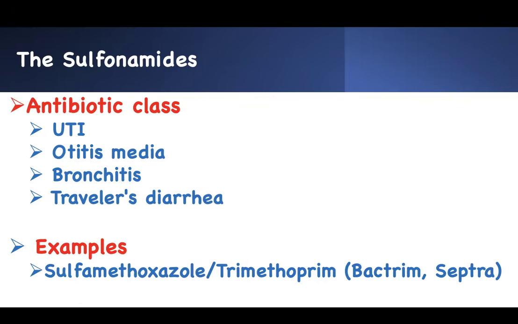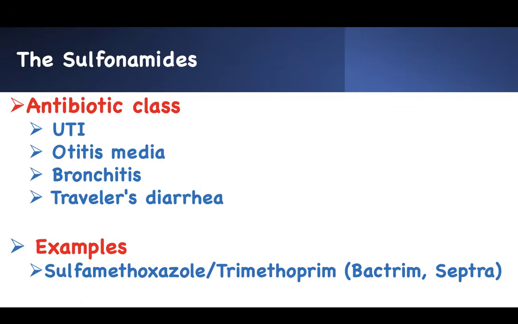Everybody knows. But there's a bunch of medications that are also sulfur drugs, but they are not sulfonamides, right? Sulfonamides are usually used specifically as antibiotics, but they are sulfur drugs. Amiodarone is a sulfur drug, but it's not a sulfonamide.